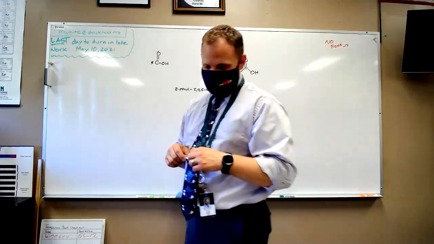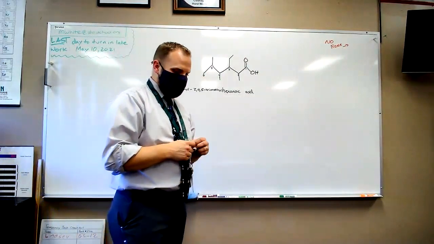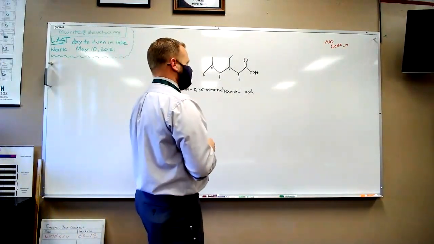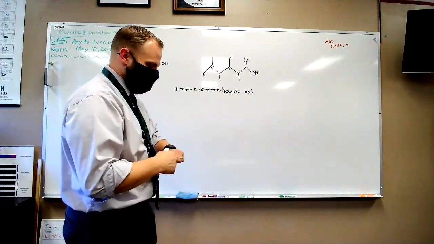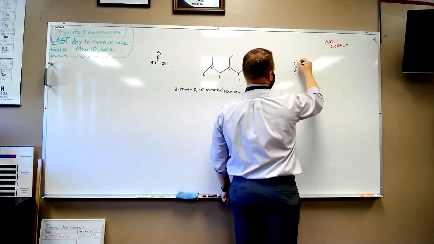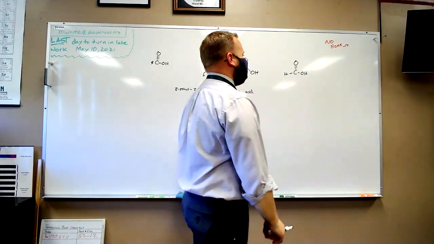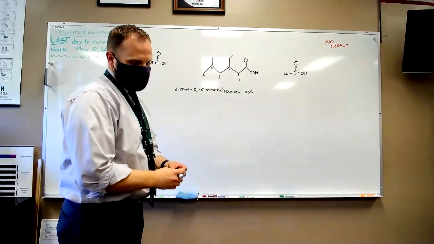Formic acid, the official IUPAC name is methanoic acid. So since it's methanoic, you know that there's only one carbon. So that is what we have.